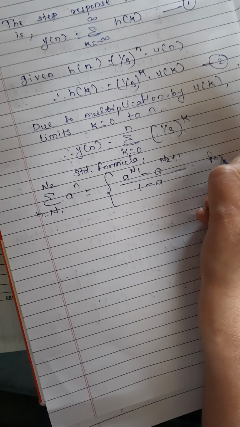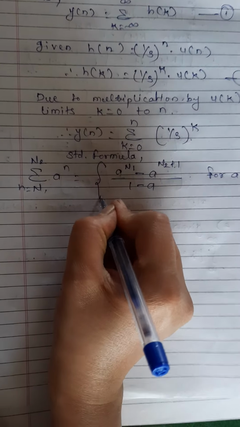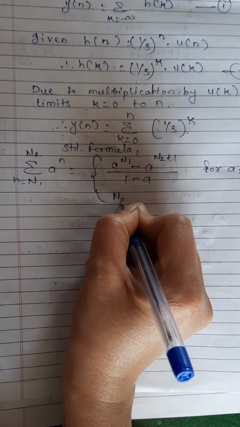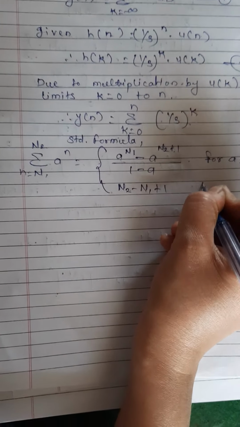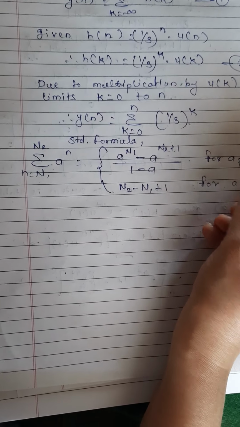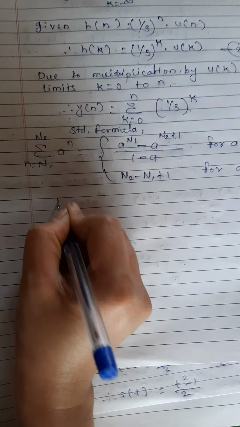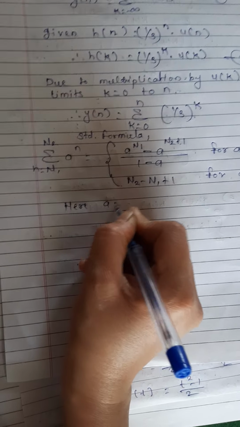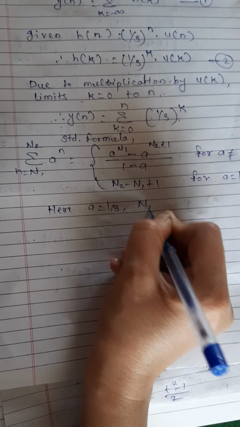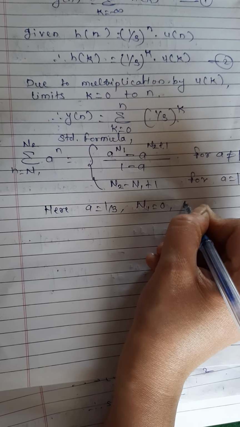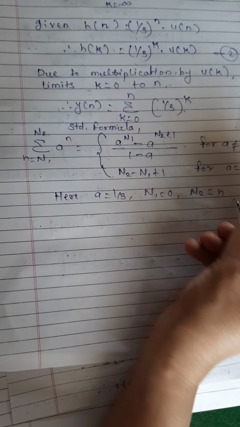Now this value is for a not equal to 1. And next n2 minus n1 plus 1, this value is for a is equal to 1. Now here a is equal to 1/3, n1 is 0 and n2 is n.